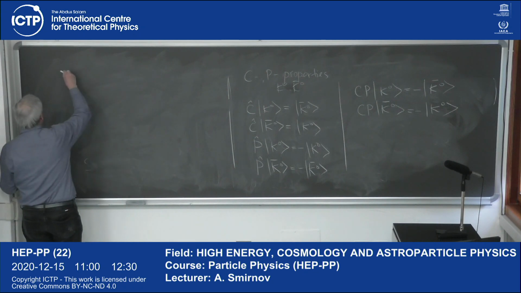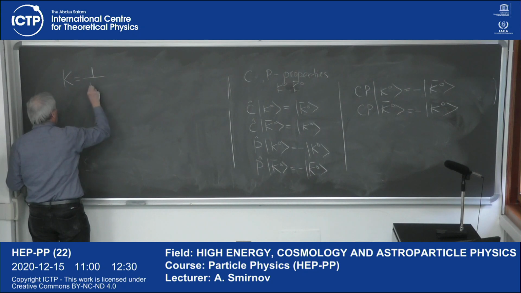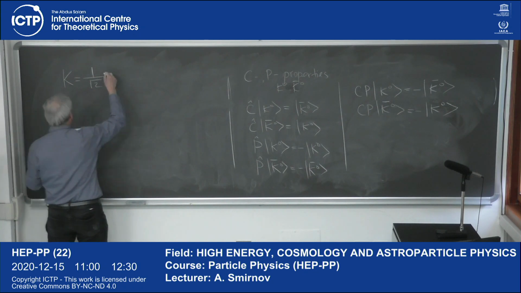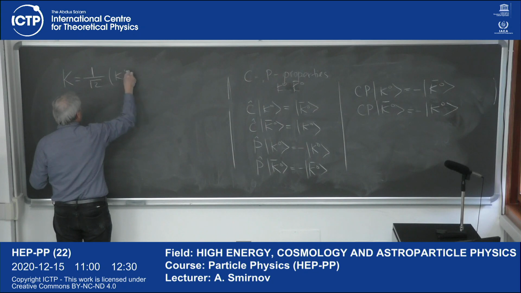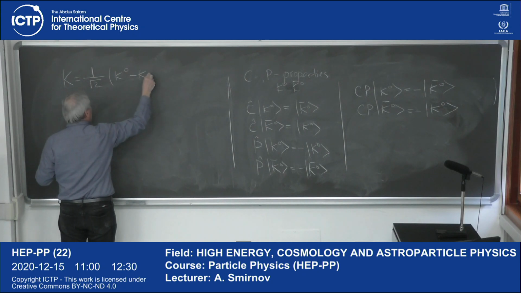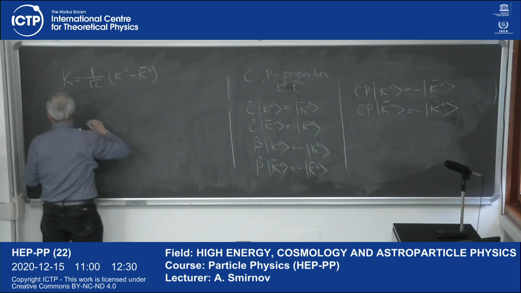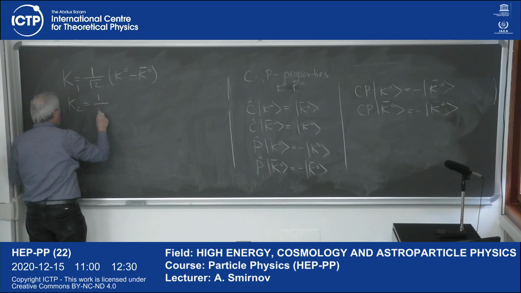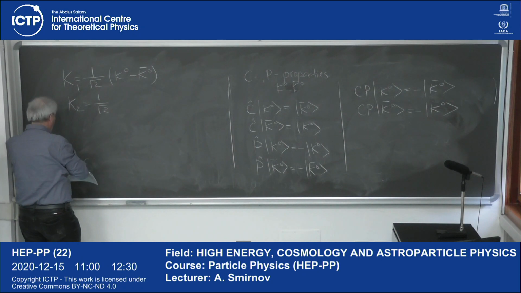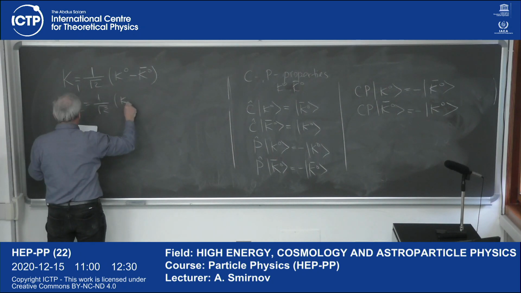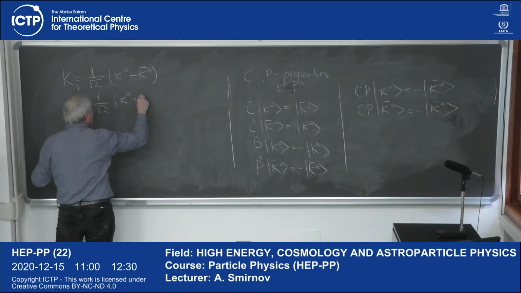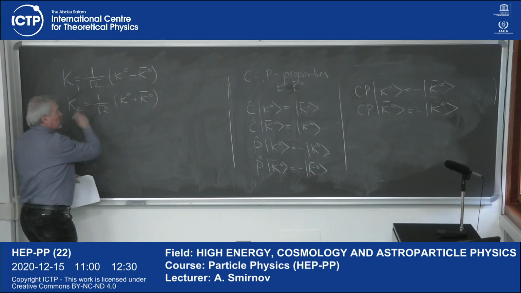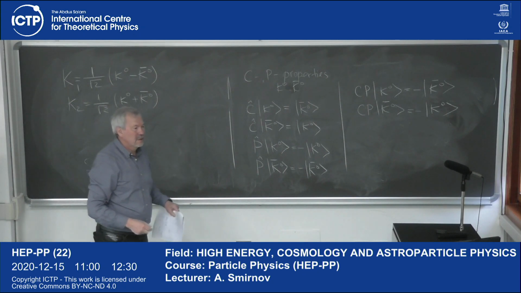So we can introduce state K1, which is the combination of 1 over square root of 2, this is for normalization, K0 minus K0 bar. And I will introduce K2, which is 1 over square root of 2, K0 plus K0 bar. So the sign is here, these two are orthogonal combinations of this.